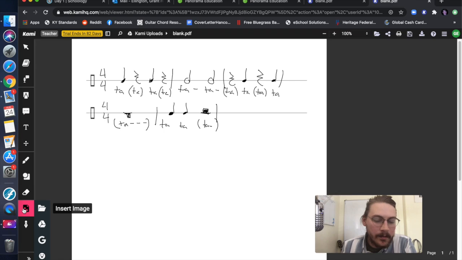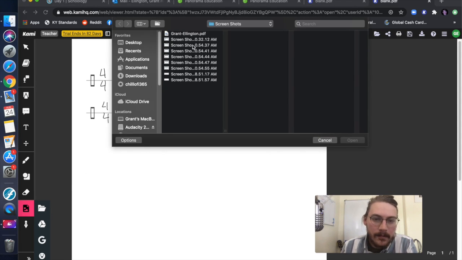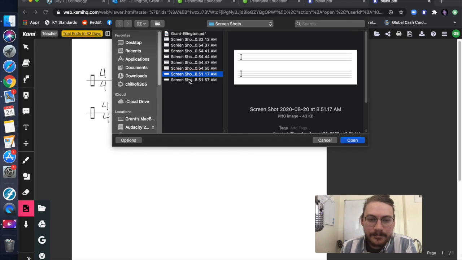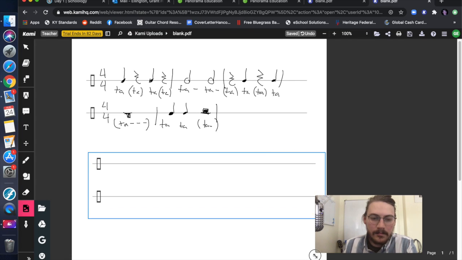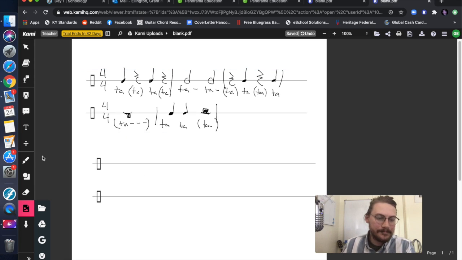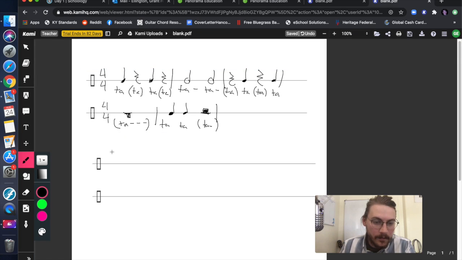Let's add in a couple more examples because we're going over a lot of different rests today. As I said, rests are all performed the exact same. The only difference is the length that you perform it. All right. So we're in 4/4.